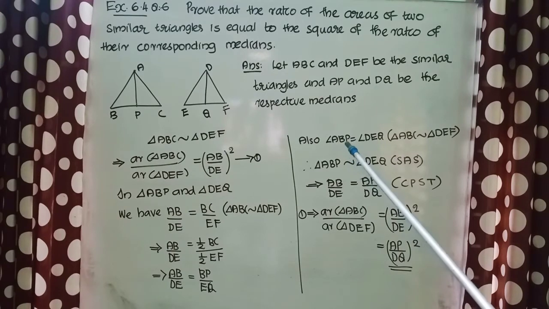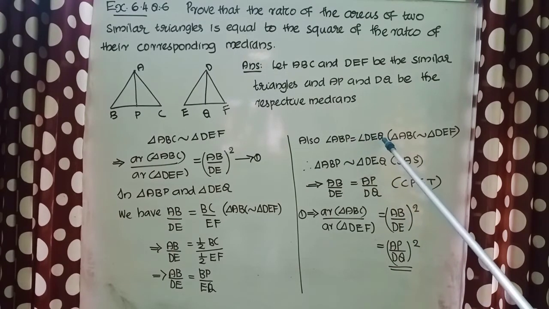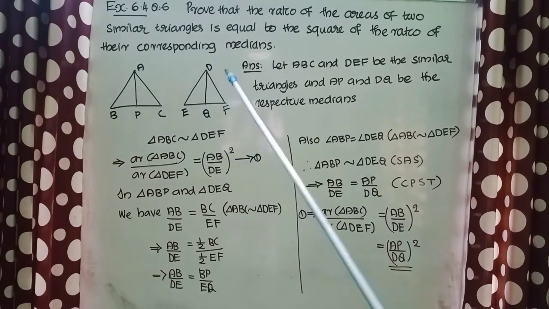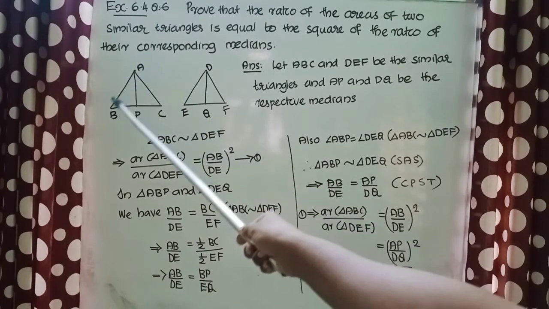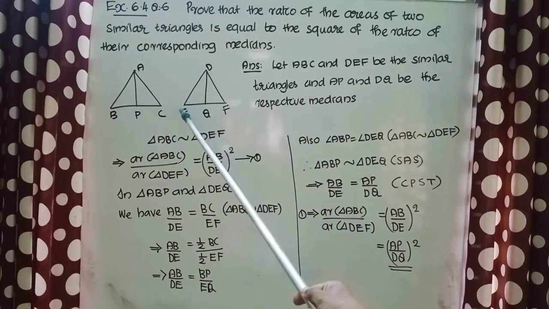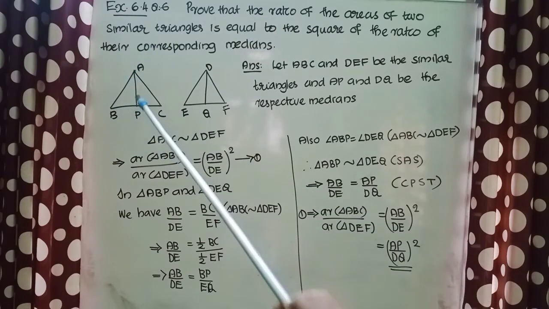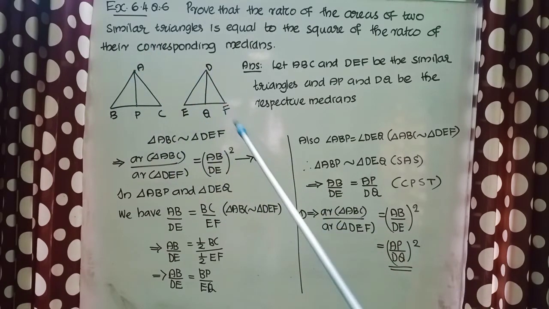Also we have angle ABP equal to angle DEQ because triangle ABC is similar to triangle DEF. ABC and DEF are similar triangles, so angle ABC equal to angle DEF. So we can say this angle ABP is equal to angle DEQ.